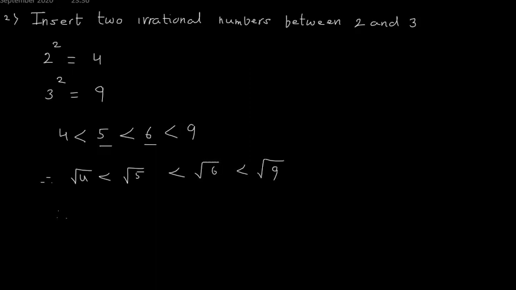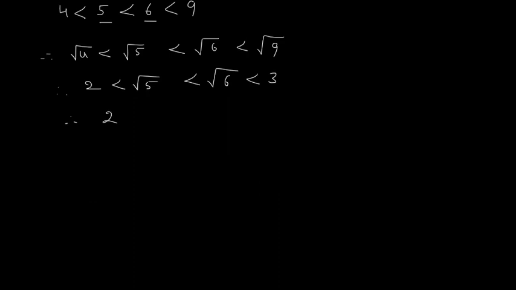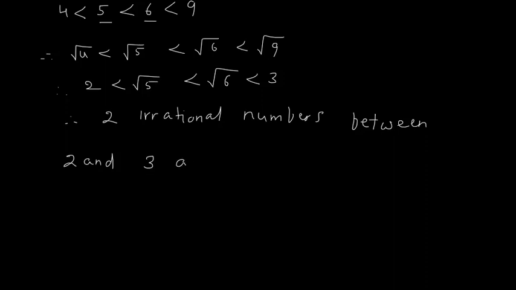So therefore the square root of 4 is 2, which is less than root 5, which is less than root 6, and this is less than 3. So therefore I will say that two irrational numbers between 2 and 3 are root 5 and root 6.